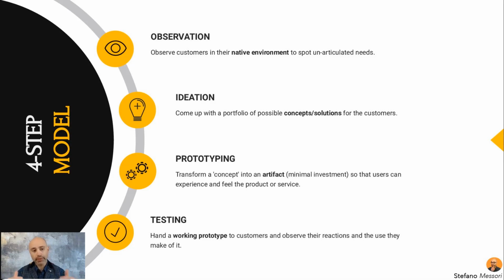Now, what happens after we have observed and come up with a different way to do things? Well, what is really important then is that we need to prototype and test. Prototyping and testing is a concept that is not too difficult to understand, but many companies fail to put it into practice. Rather than creating a very cheap prototype, they start creating a working prototype.